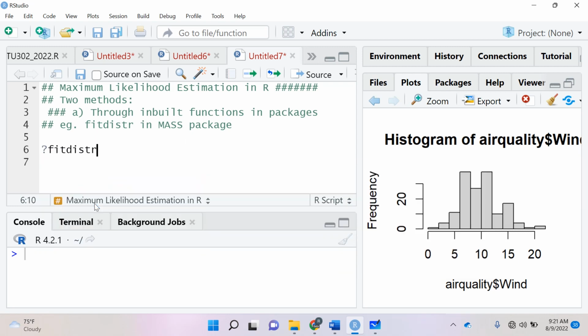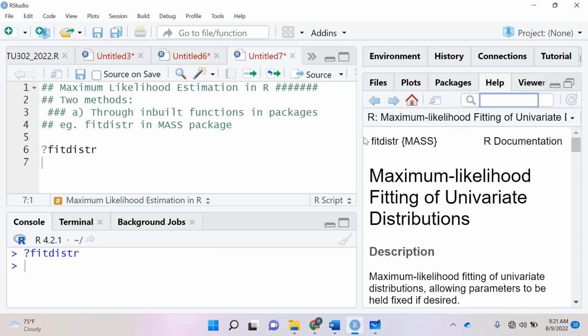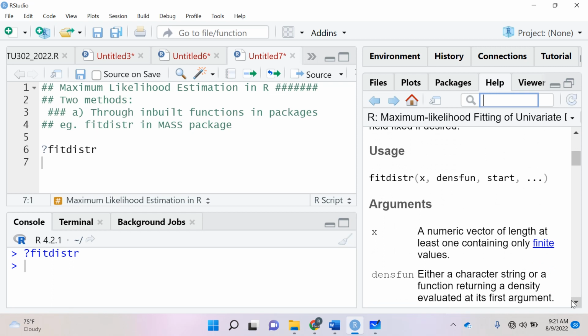distr. So what does it say? It says fitdistr, maximum likelihood fitting of univariate distributions. Okay, so this is how it looks.